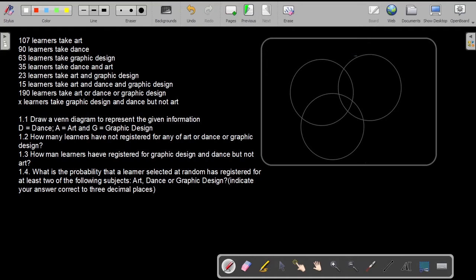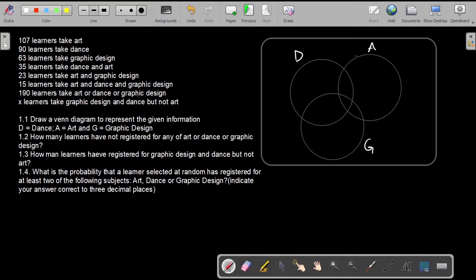We're told that dance is denoted as D, A for art, and G for graphic design. So let's have it in this way. You can have it in any order, it doesn't really matter. The first thing that you want to do is to write the value of the intersection of all your classes. So we have 3 classes: dance, art, and graphic design.